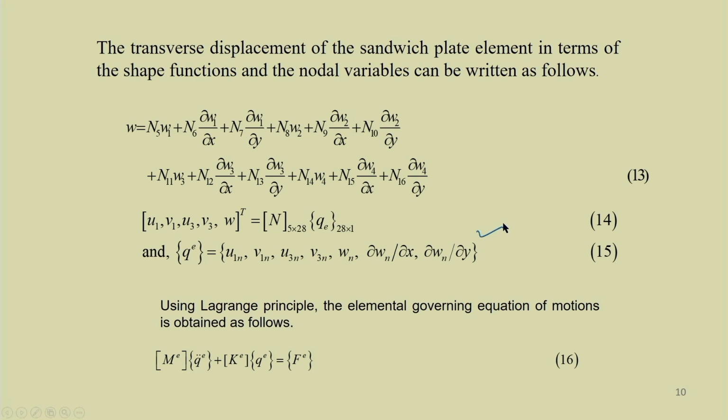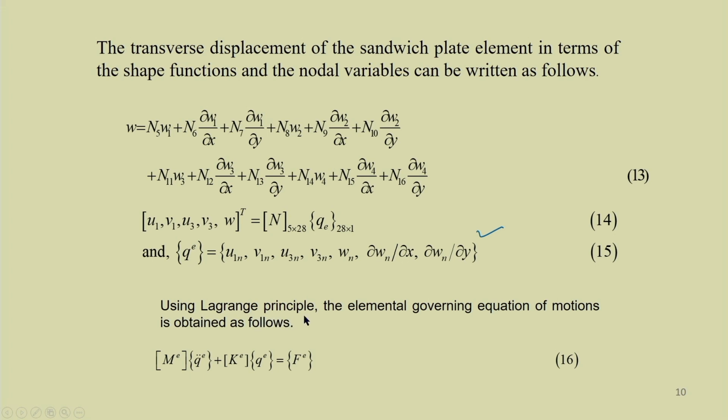So, Q contains the 7 degrees of freedom: U1n, V1n for the top layer, then U3n, V3n for the bottom layer, then Wn in the transverse direction. In addition to that, variation of W along x, that is theta x, you can write in terms of del Wn by del x, comma, del Wn by del y.